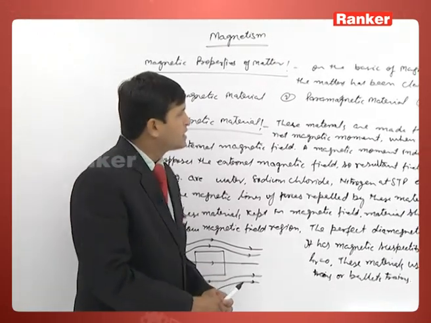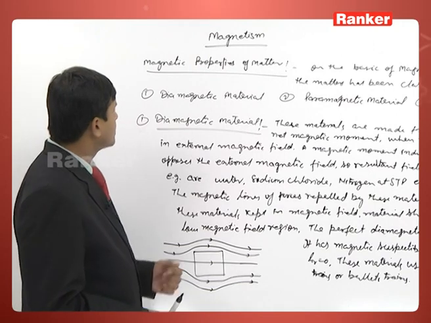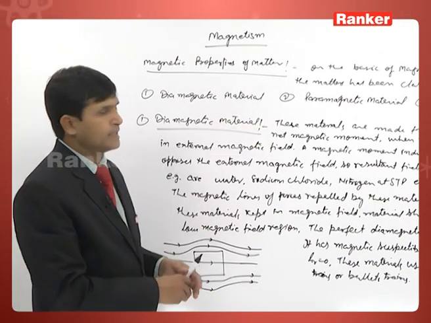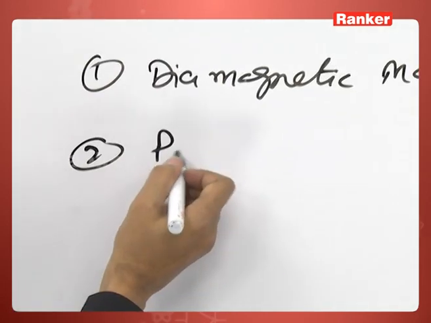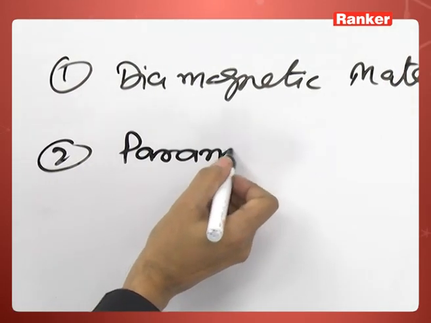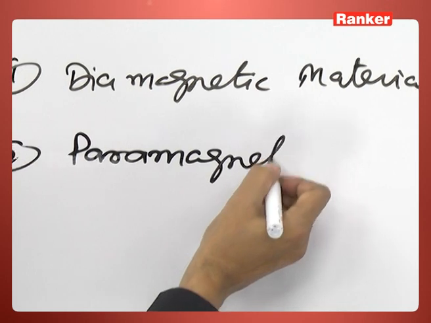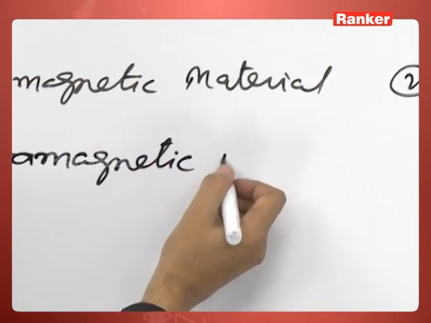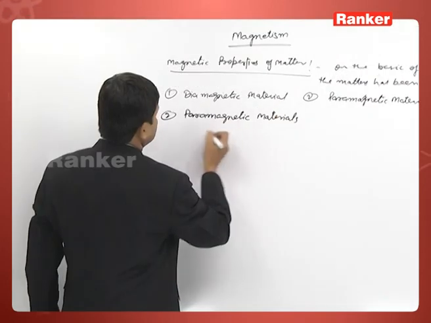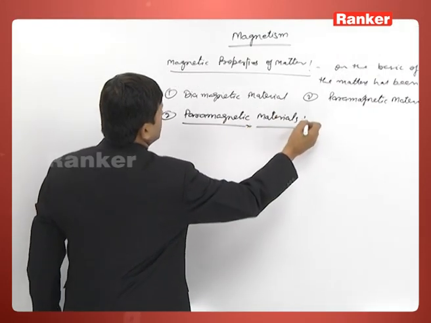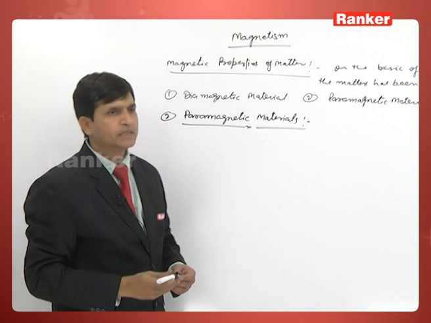Now come to another material, that is called paramagnetic material. Second is paramagnetic materials.